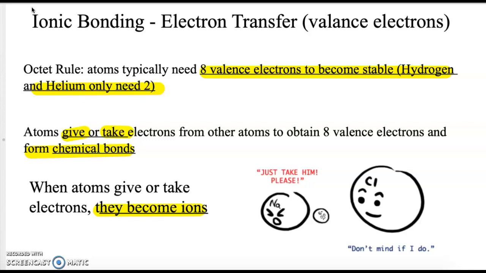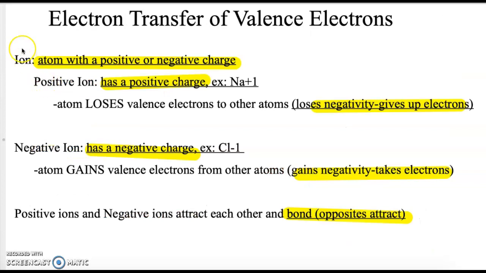So when atoms give or take electrons, that is when they become an ion. So either giving or taking an electron, they can turn into an ion. So what is an ion? An ion is an atom with a positive or a negative charge. So if an atom is a positive ion, that means it has a positive charge where an atom has lost a valence electron or several valence electrons. And so you basically lose negativity because you're giving up electrons.